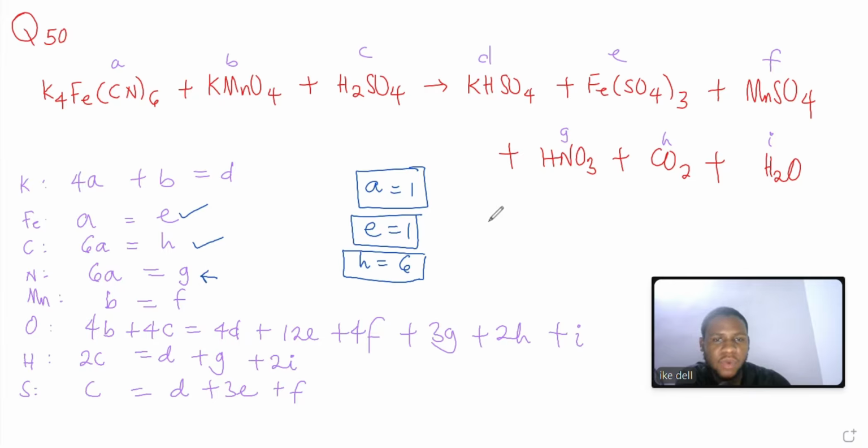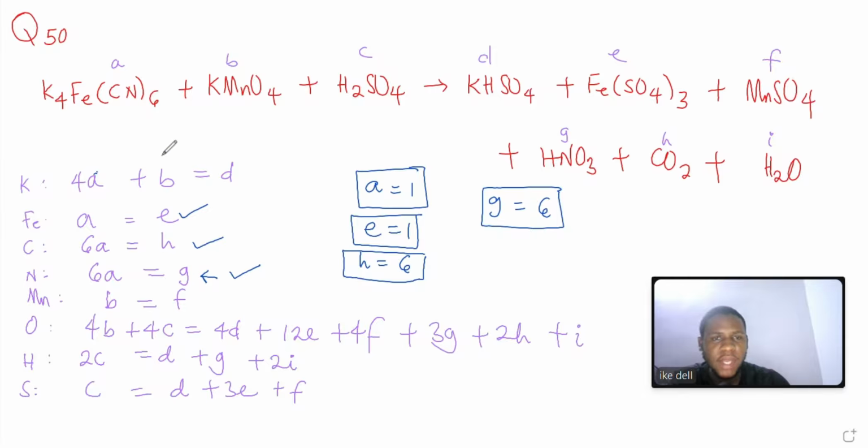If A is equal to 1, G will be equal to 6 times A, right? So 6 times 1, which is 6. So G is also 6. Okay, so 4 down, 5 to go. What else can we do? A here is 1.